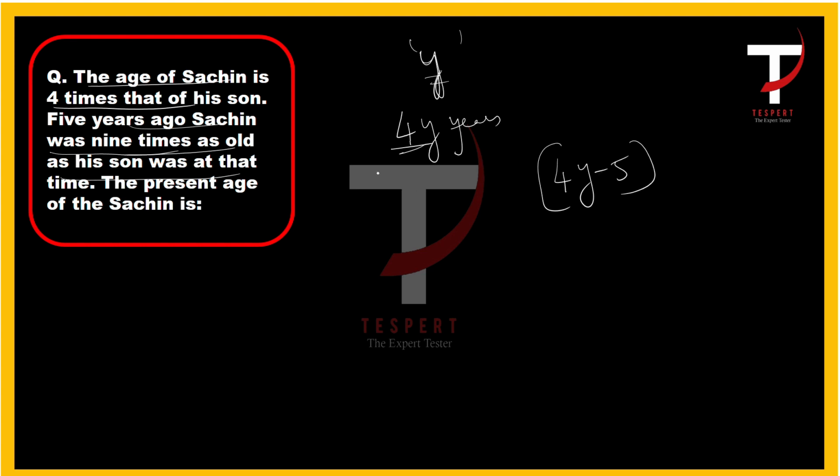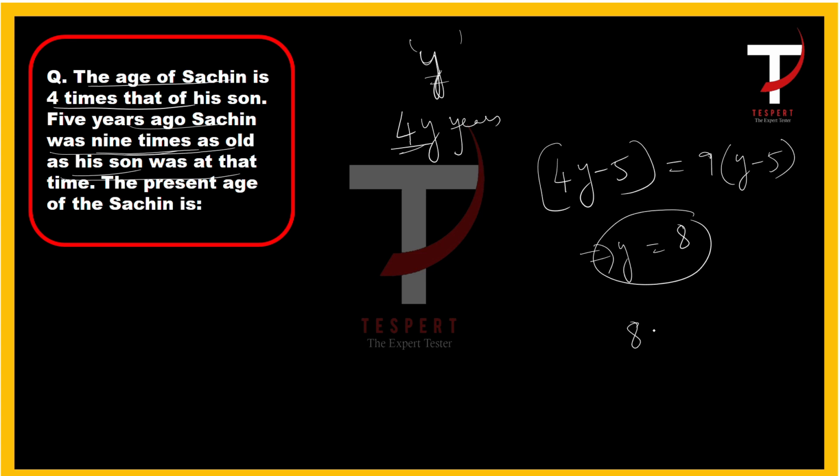So take it as minus. 4y minus 5 is equal to how many years? 9 times as old as his son. So 9 times means 9 into y minus 5, right? So here y will be equal to 8, and substitute this. So Sachin's age will be 8 into 4, that is equal to 32 years.